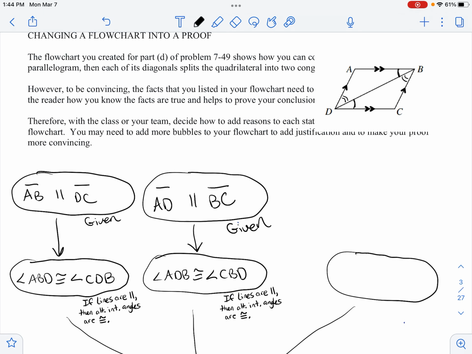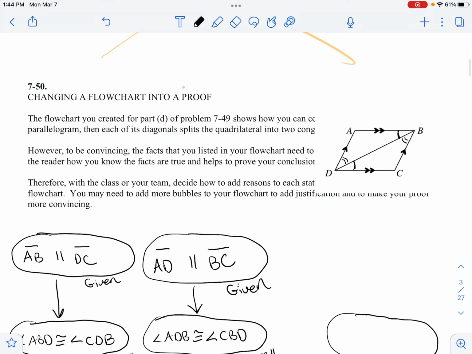But what we need to do is come up with something else that we know. Because in order to prove that these triangles are congruent to each other, there are 5 different ways that we talked about. You can prove triangles congruent with side-side-side, side-angle-side, angle-side-angle, angle-angle-side, and then the HL postulate.